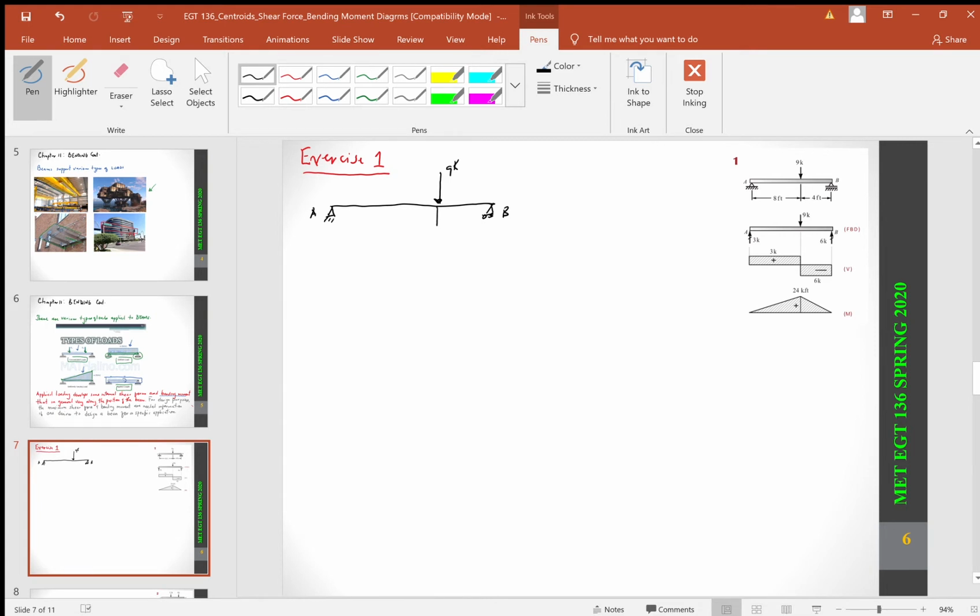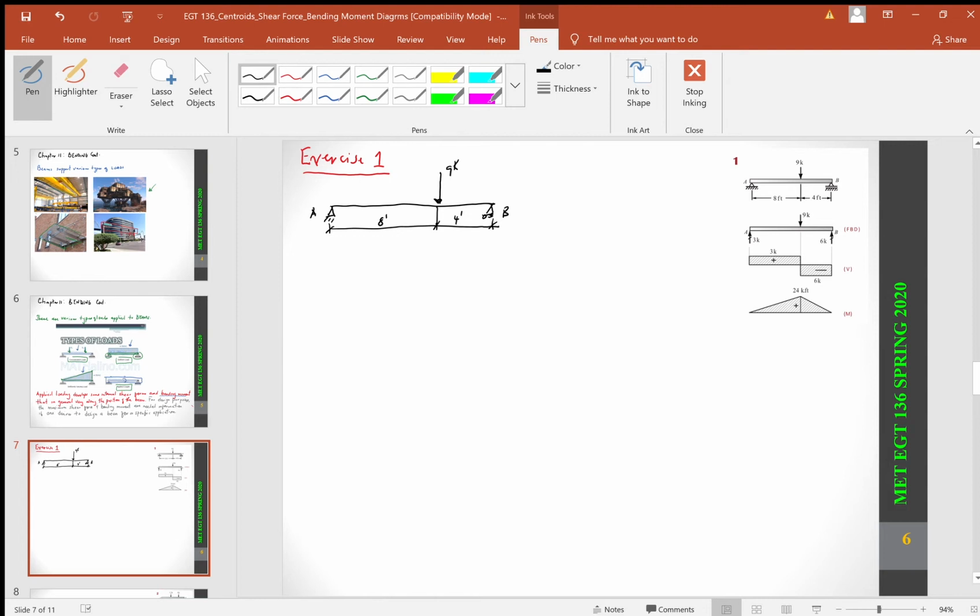I'm going to show you the long way and I'm going to show you the short way. It's going to be 8 feet and 4 feet here. The idea is we want to be able to develop the maximum shear force and the maximum bending moment for this particular beam.